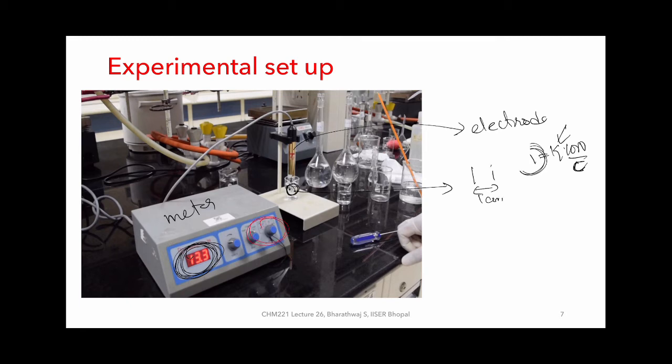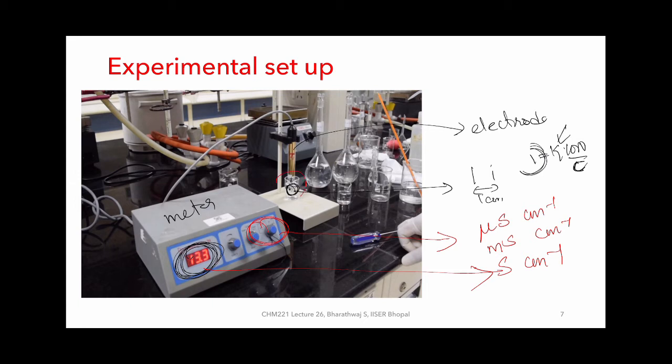One has to be careful, because the knob that you see here helps you change between microsiemen to millisiemen per centimeter and Siemen per centimeter. So one has to carefully adjust this so that any values that you read from this meter are reliable.